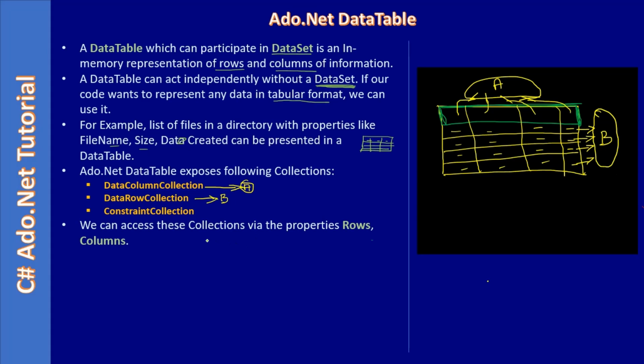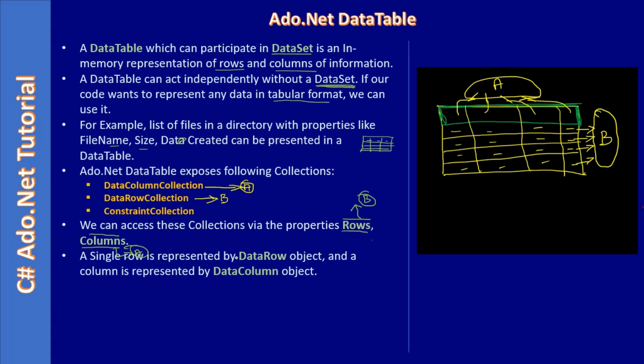We can access these collections via the Rows and Columns properties. So Rows will give you the data row collection, right? It will give the data row collection, and the Columns property will give you the data column collection.